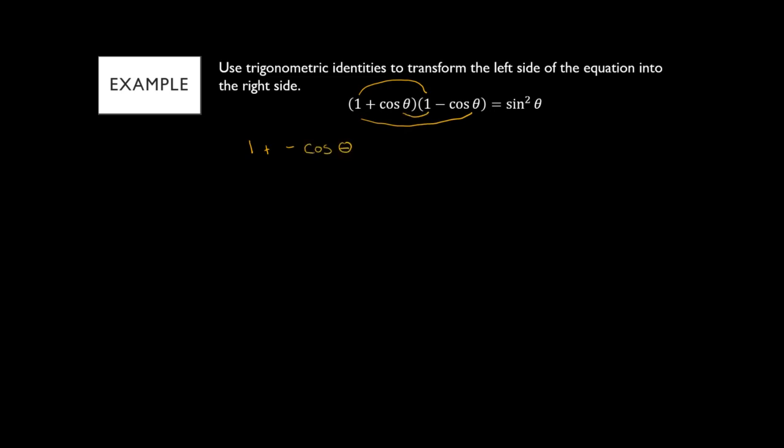And then the I in FOIL is inside, so that's cosine theta times 1, so that's plus cosine of theta. And then last, cosine theta times cosine theta. So that would be cosine theta squared, but the way that we do things with trig functions is we put the square on the cosine, not the theta, so that it doesn't look like you're squaring the angle. We're squaring cosine, not the angle.